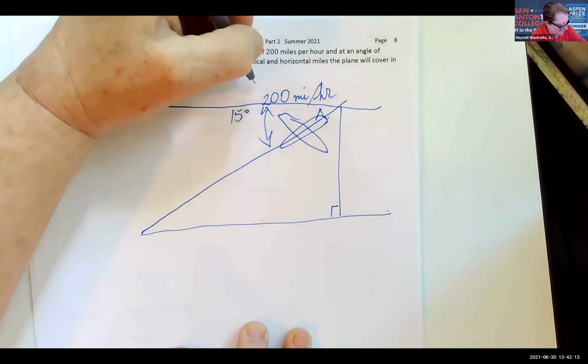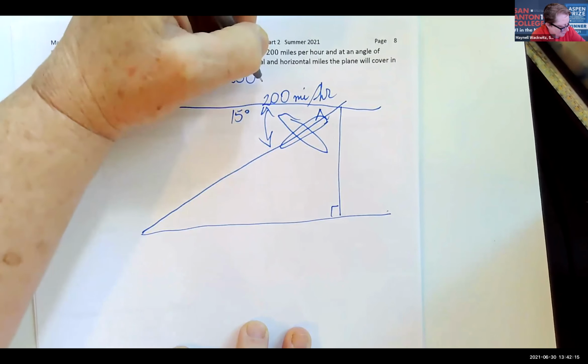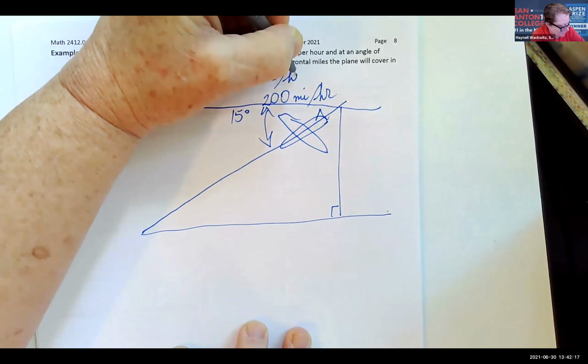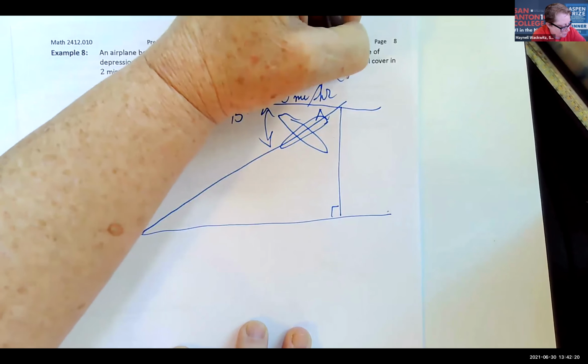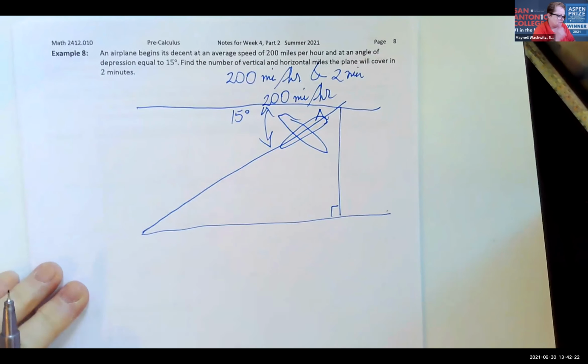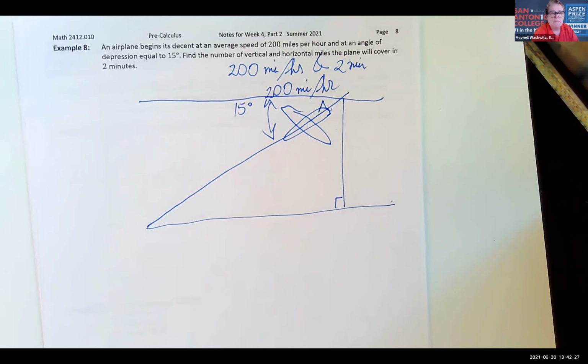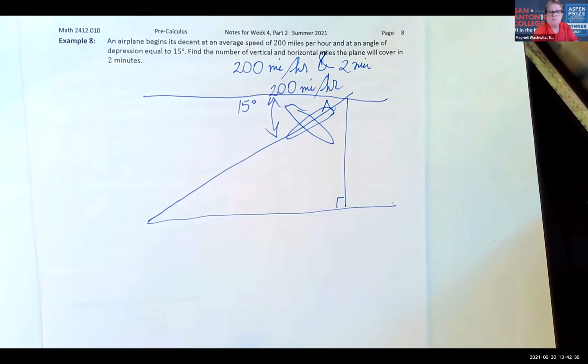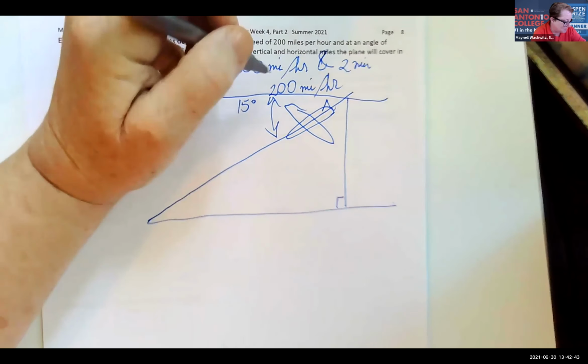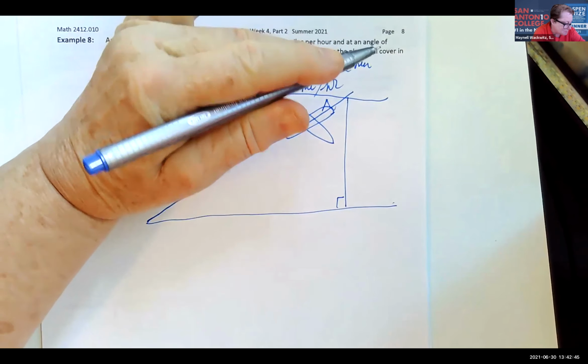So we've got 200 miles per hour and 2 minutes to figure out the length that we care about for the hypotenuse. What do I need to do to one of those numbers? Because right now we have miles, hours, and minutes.